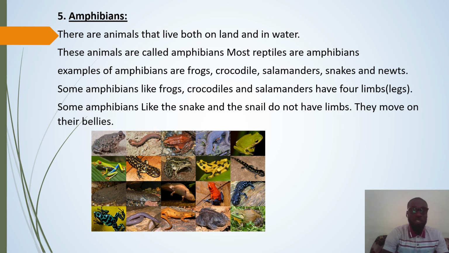Then we took a look at animals as living things, and came up with the categories of animals: mammals, amphibians, reptiles, and birds. These are some of the categories of animals.